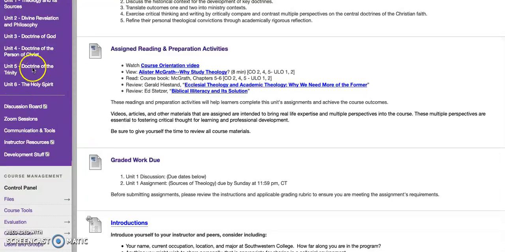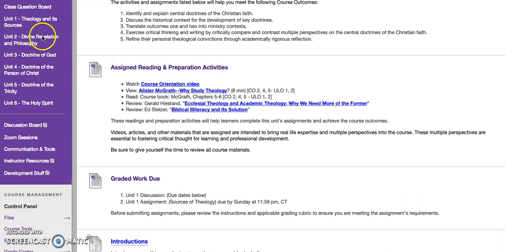Please also note that we are not going strictly through the book chapter by chapter. We are instead focusing in this 301 course on theology as a discipline of study, and then sources.